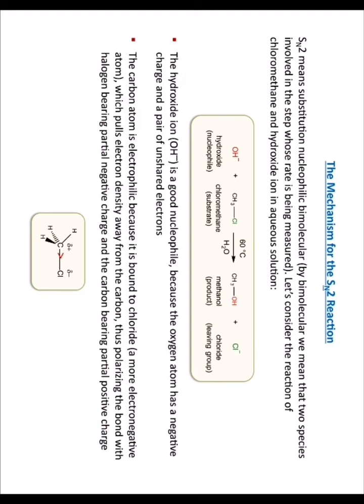Why? Because chlorine, or any halogen, has high electronegativity, which enables the halogen to withdraw the electron density toward itself. So the halogen carries a partial negative charge while the carbon carries a partial positive charge, and that's why we call the carbon here electrophilic. It has an electron deficiency, meaning it needs electron density.